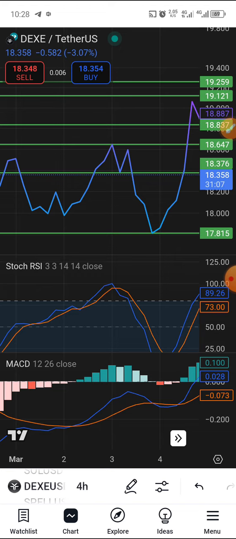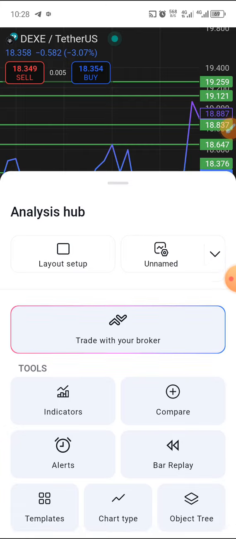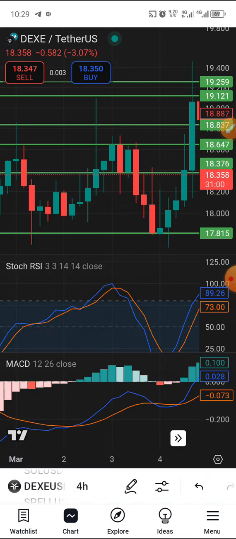So let's take only those lines for today's lesson. So now we can change back to candles.